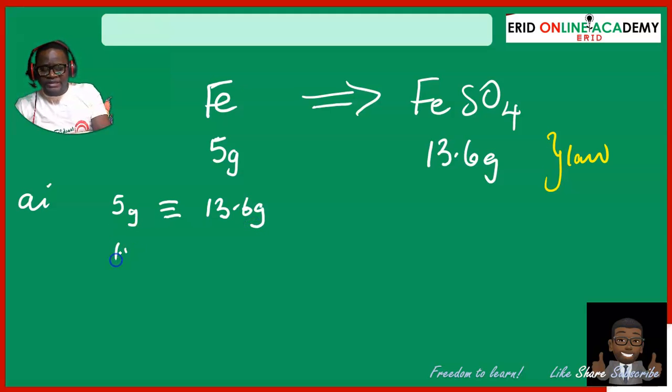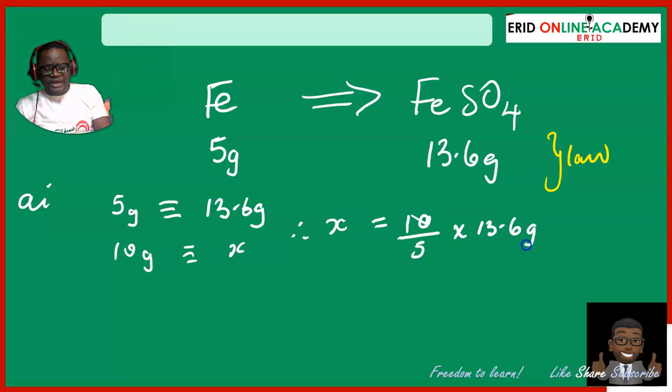Therefore, 10 gram of iron will produce what? Let's say x gram. Therefore, x gram will be equal to 10 multiplied by 13.6 gram, divided by 5. So that will give us 2 times 13.6 gram. So that gives what?